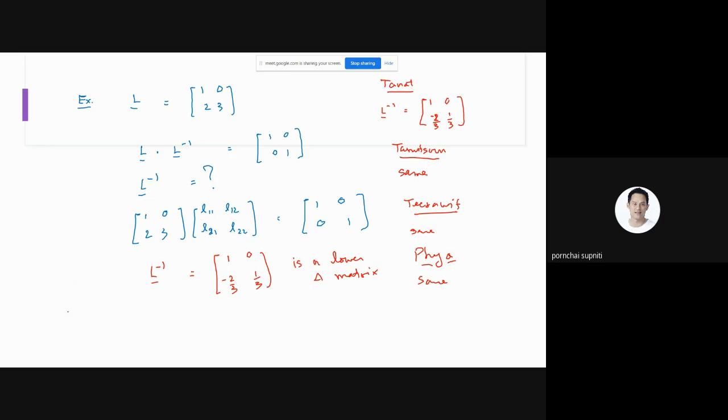So why do we look at all these special properties?